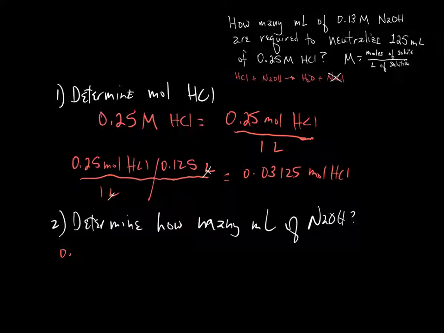So we know from the equation that if we have 0.03125 moles of HCl, how many moles of NaOH are we going to need to neutralize it? If the ratio is 1 to 1, it's the exact same number. Okay? So that's how many moles of NaOH. If you wanted to, you could write down, moles of HCl is equal to moles of NaOH.